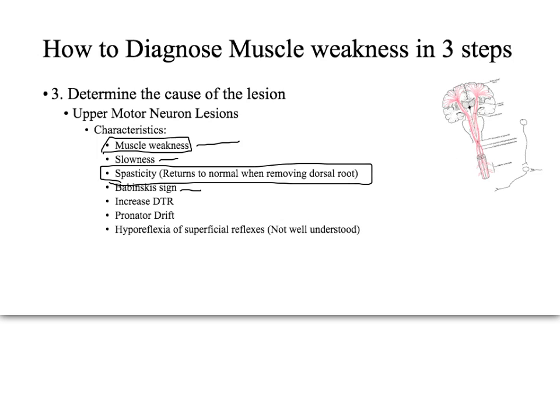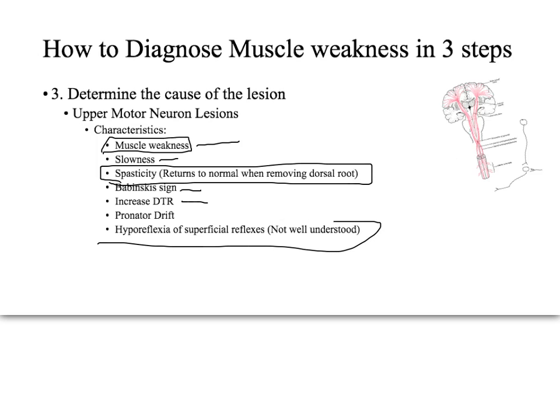However, whenever you take away the inhibitory input from the central nervous system, then the Babinski sign will return. That's also for the same reason that you'll get an increase in deep tendon reflexes. So an increase in deep tendon reflexes is indicative of upper motor neuron lesion because you're not getting the inhibitory commands from the central nervous system.